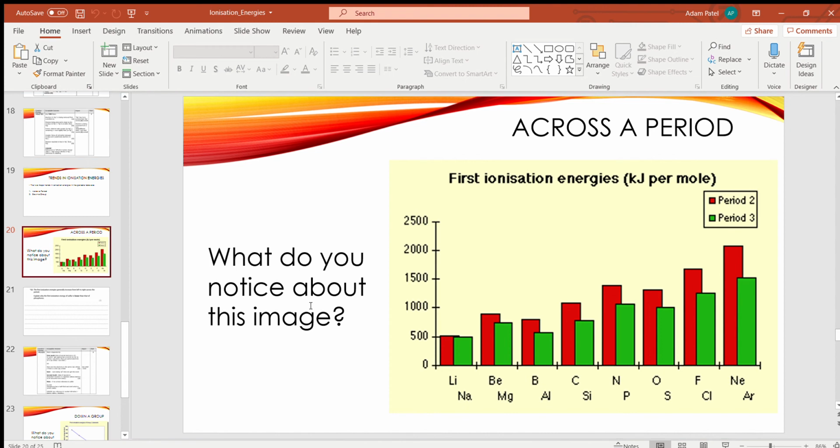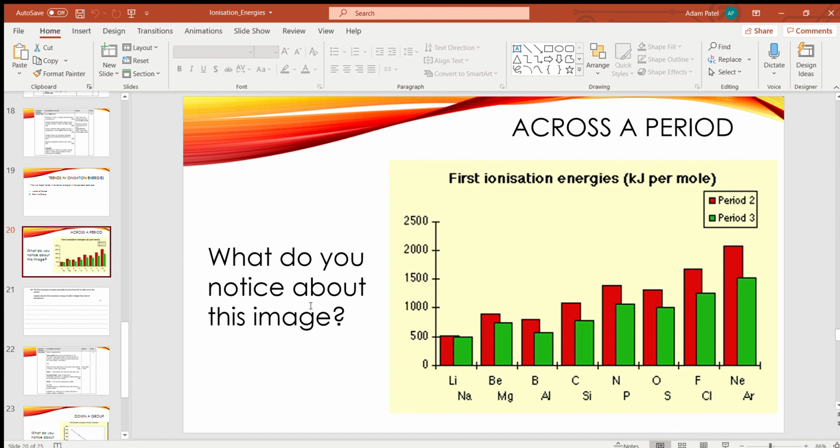When you have a filled orbital, you're bound to have repulsion, and that reduces the attraction between the nucleus and the outer electron, which in turn reduces our ionization energy as well.